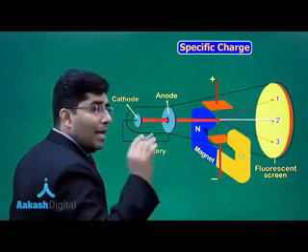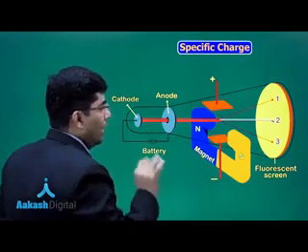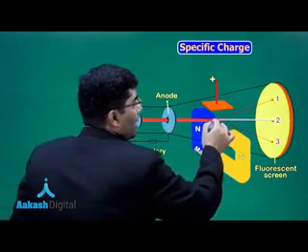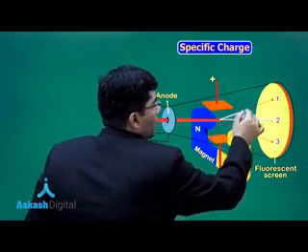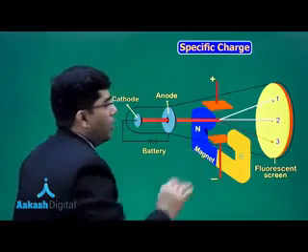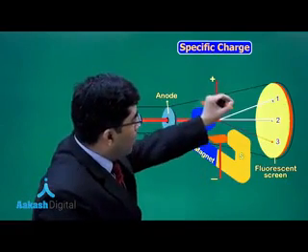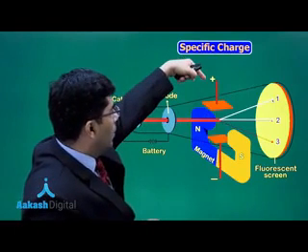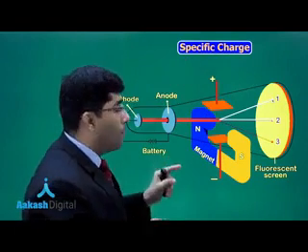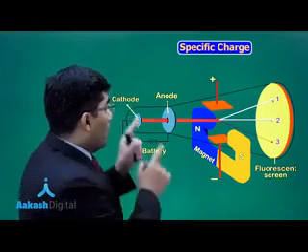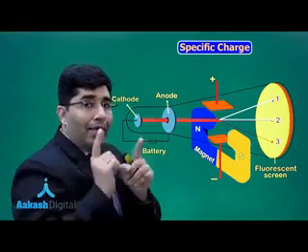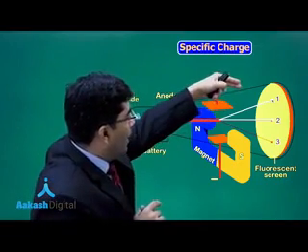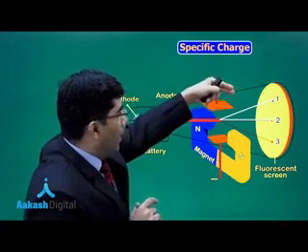Since there are electrons present in the cathode rays, they will be attracted by the positive charge, so they will move towards point number 1 and strike the fluorescent screen, since the positive charge is on the top. Remember, electrons are negatively charged and they are going in the upward direction towards point number 1.